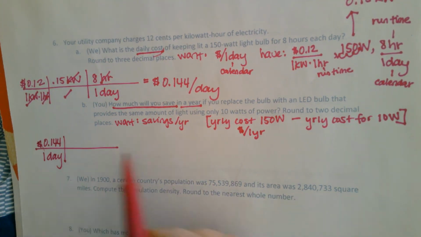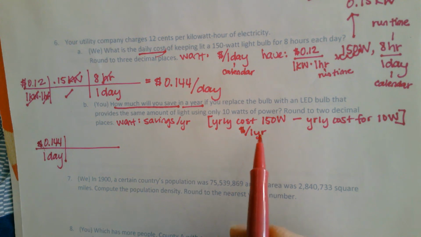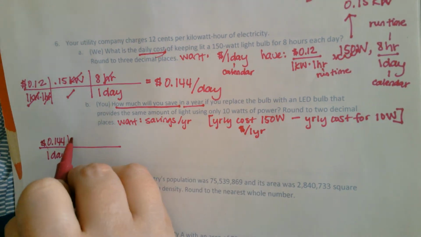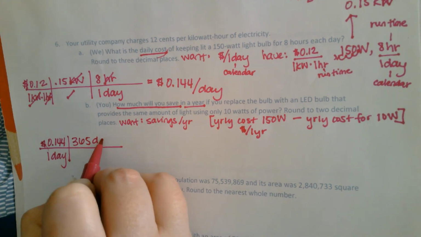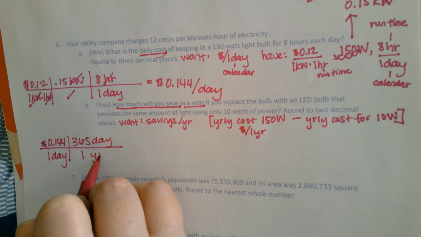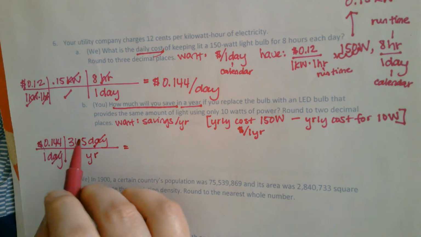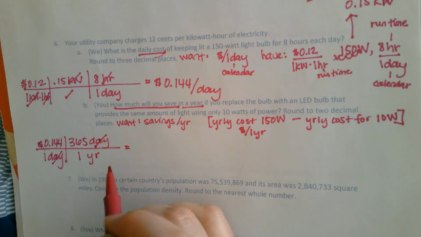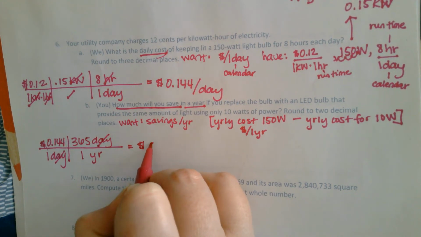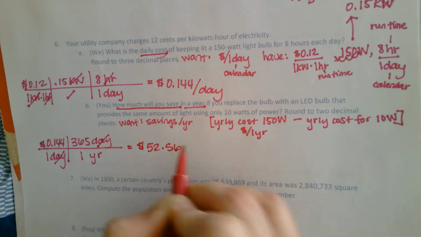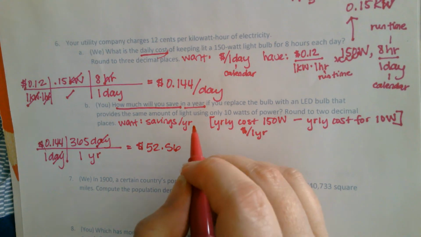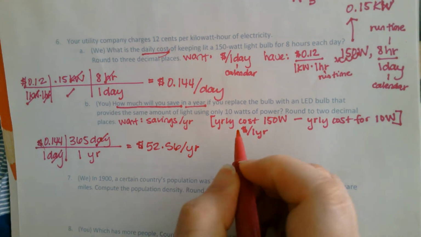And this is a calendar day, and this is also a calendar year. So I can say there's 365 days in 1 year. So days cancel, I'm left with dollars per year. So then I multiply these two together, and I get 52.56, because they want you to round to 2 decimal places, per year.